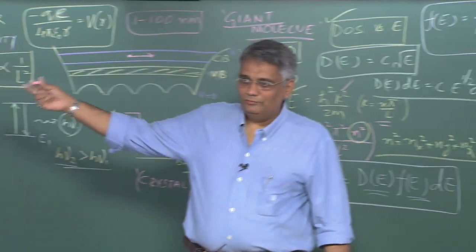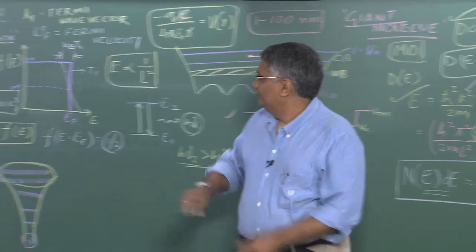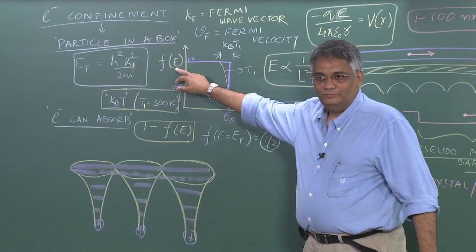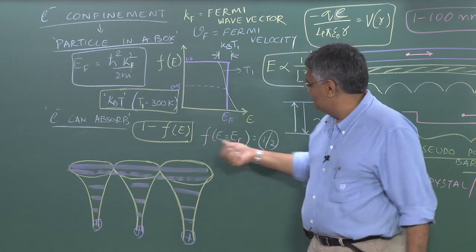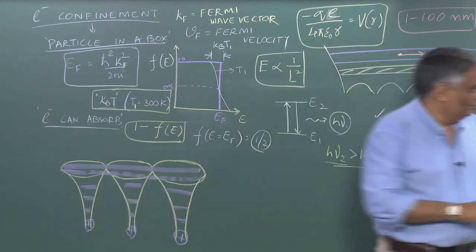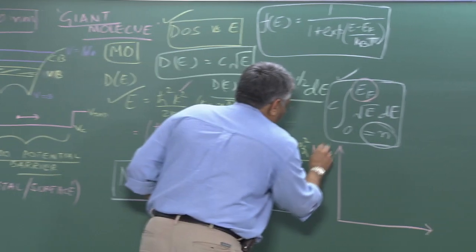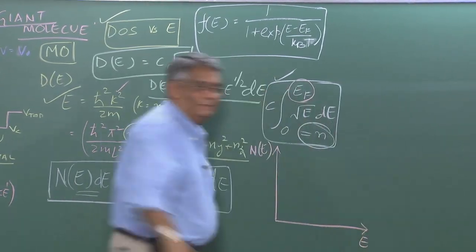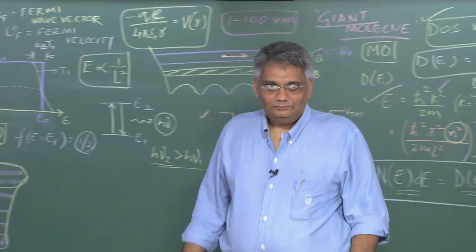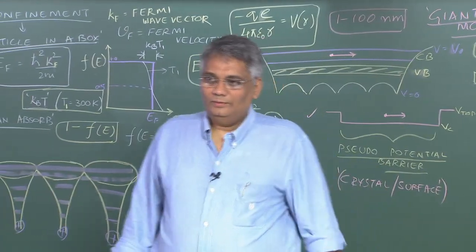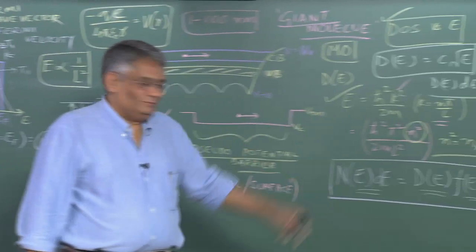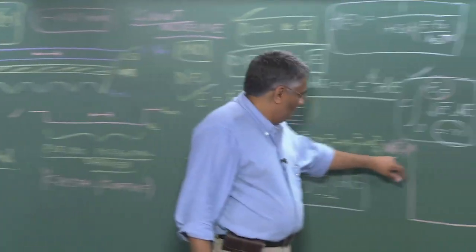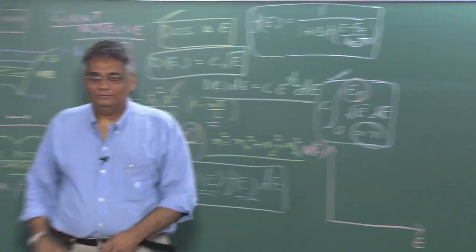Now, in a similar way, what can we plot here? We have plotted the Fermi-Dirac distribution function, or Fermi distribution function, as a function of energy. Now, I plot N(E) versus E. N(E) versus E, how does it look like?